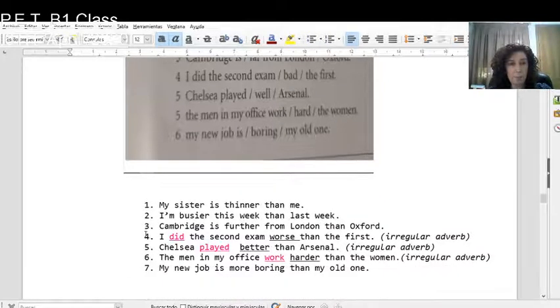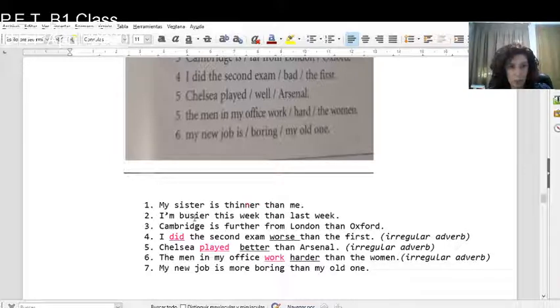Number 1, my sister is thinner than me. It's an adjective, vowel consonant, then I have to add another consonant, remember. Number 2, I'm busier this week than last week. It's another adjective.